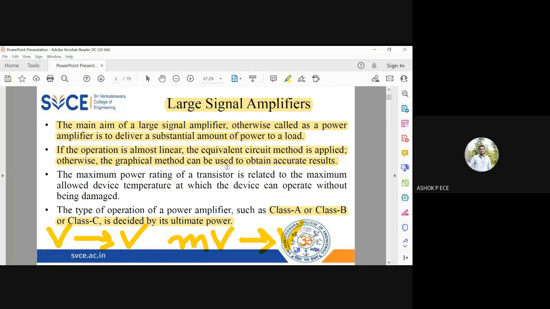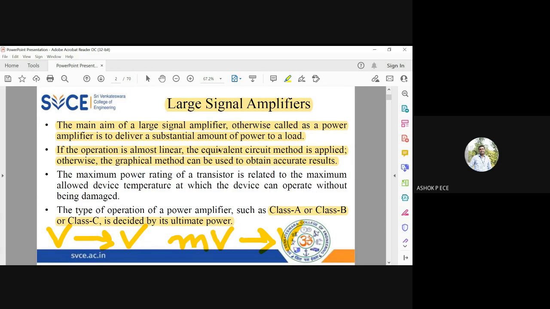If the Q point is at the center, active region operation takes place and amplification happens. That is only for the class A amplifier. In class B and class C, the Q point is not exactly at the center. The Q point is either towards saturation or cutoff. So I can say the transistor is going to operate in the non-linear region.